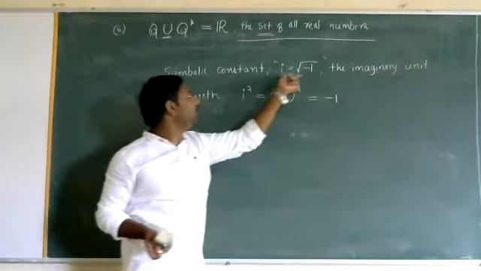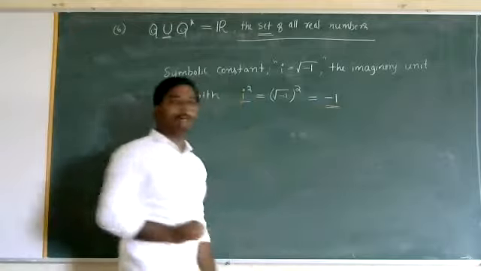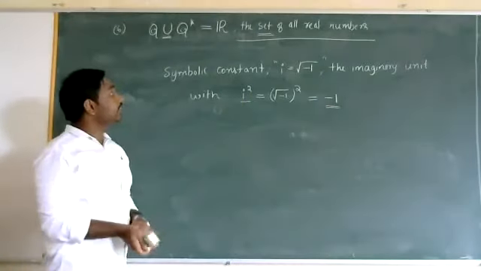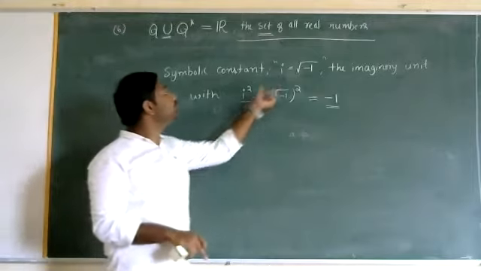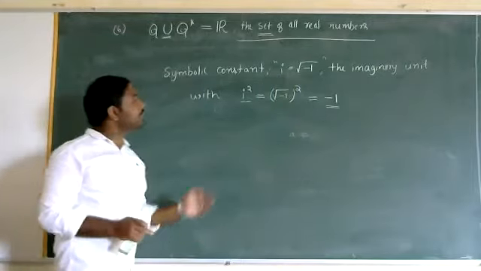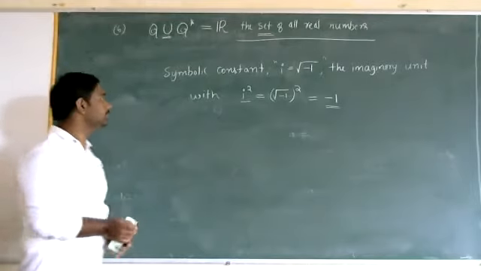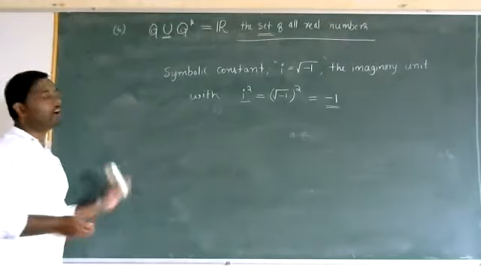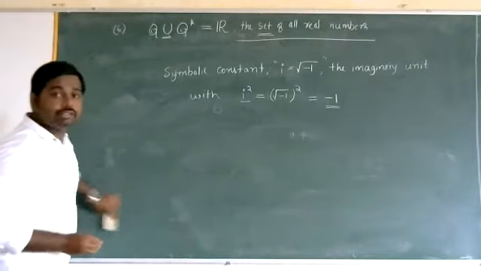This symbolic constant has the property i square equals minus 1. So now, by introducing this symbolic constant, we come to a new number system, and those numbers are called the complex numbers. Now we shall define those numbers.